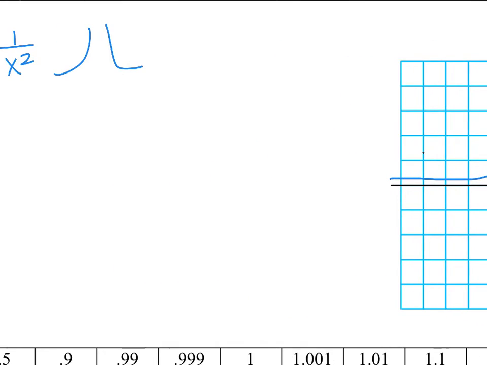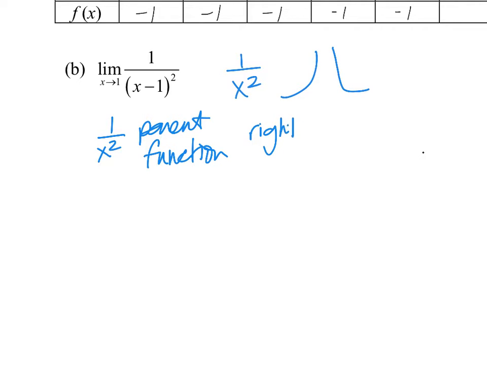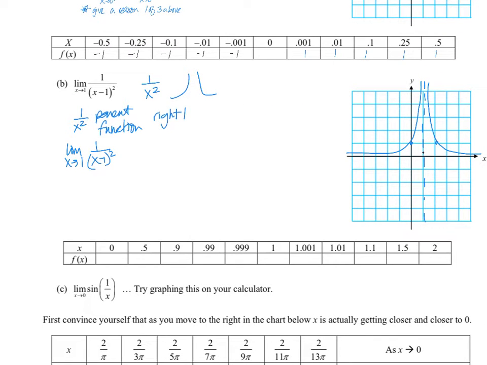So this, the parent function, is 1 over x squared, and I went right 1. Okay, we need to figure out what happens as the limit as x approaches 1 of 1 over x minus 1 squared. So we looked at it graphically, and we can start tracing it.